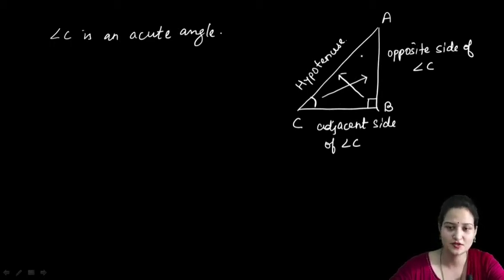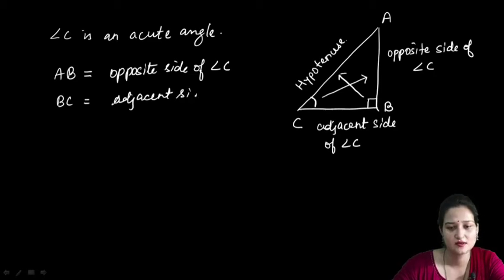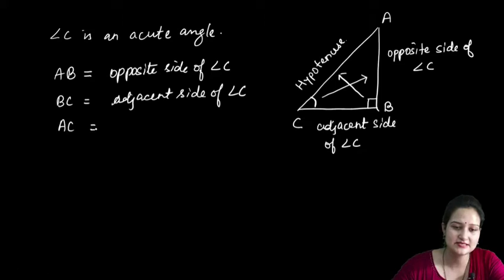So here we can say that side AB is the opposite side of angle C. Side BC is the adjacent side of angle C and AC is the hypotenuse.